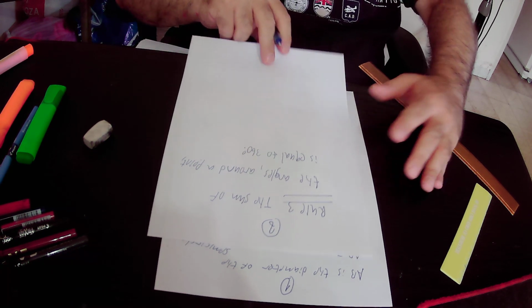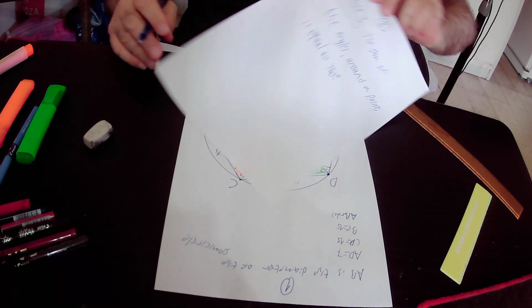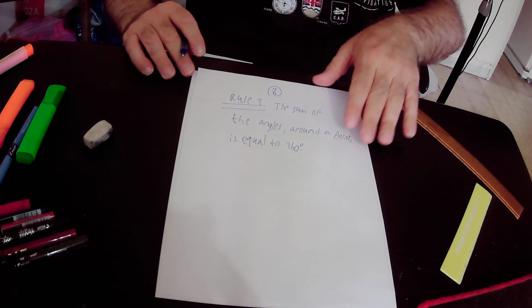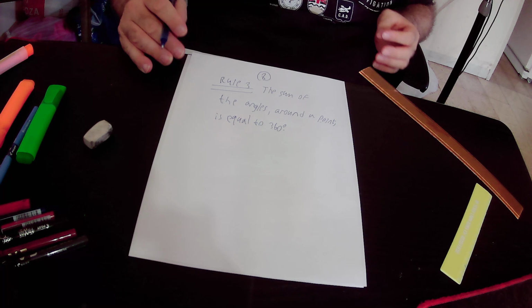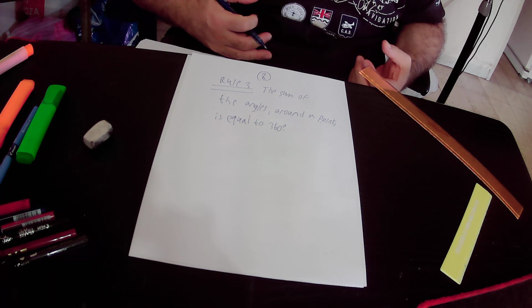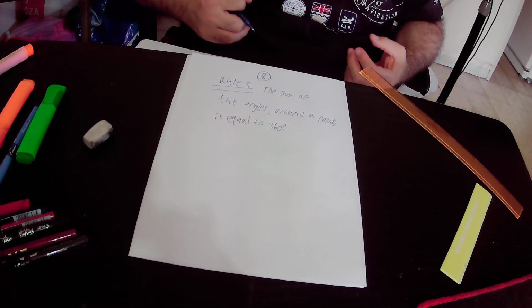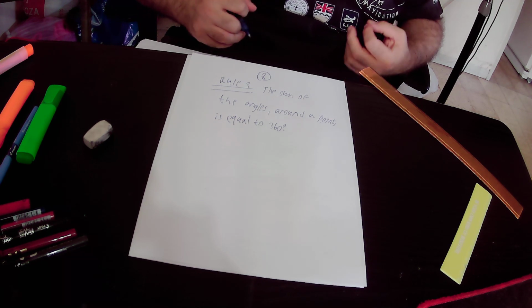So I will read rule number 3 again. Rule number 3 states that the sum of the angles around a point is equal to 360 degrees.